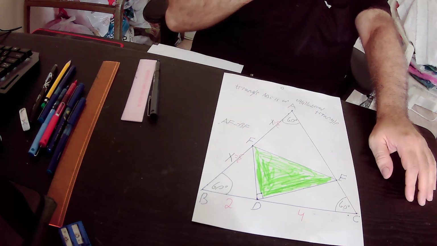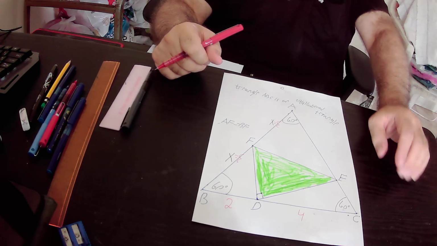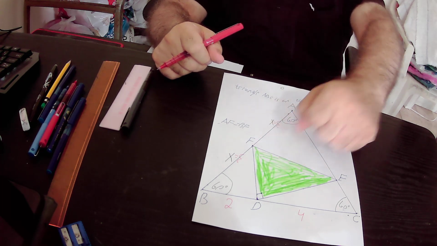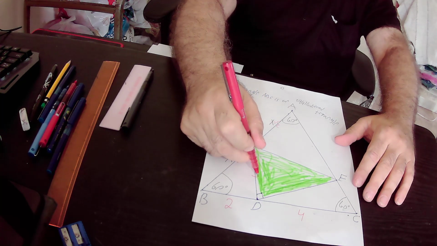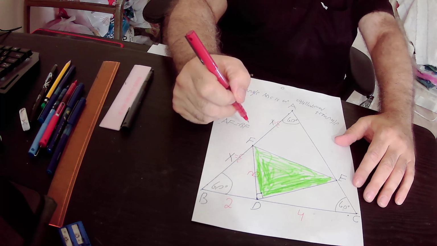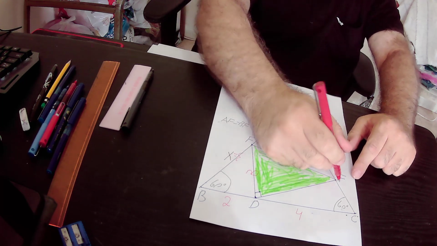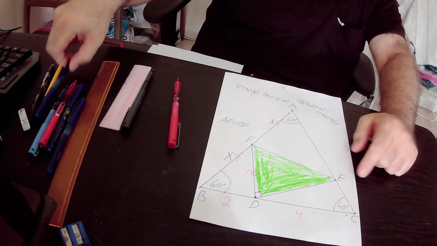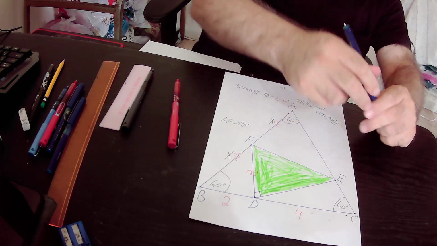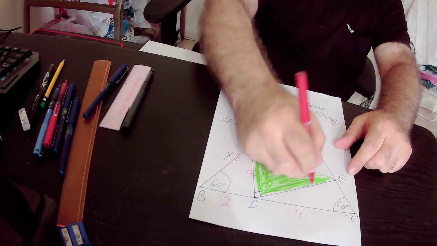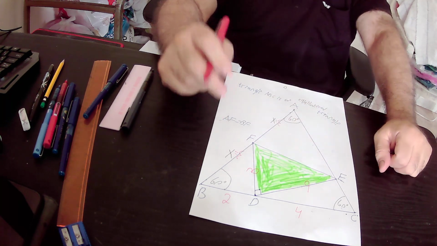In the next step we will define FD as A, that is to say FD equals A, and we will define ED as B, that is ED equals B and FD equals A, according to our definition.